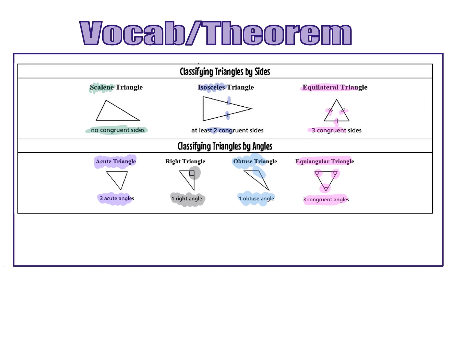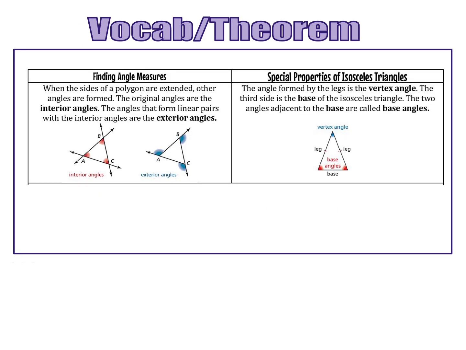So now that we have re-identified these words that we have seen in previous classes, let's go ahead and look at how we're going to add a new layer to this in geometry. All right, so we're going to first talk about interior and exterior angles.